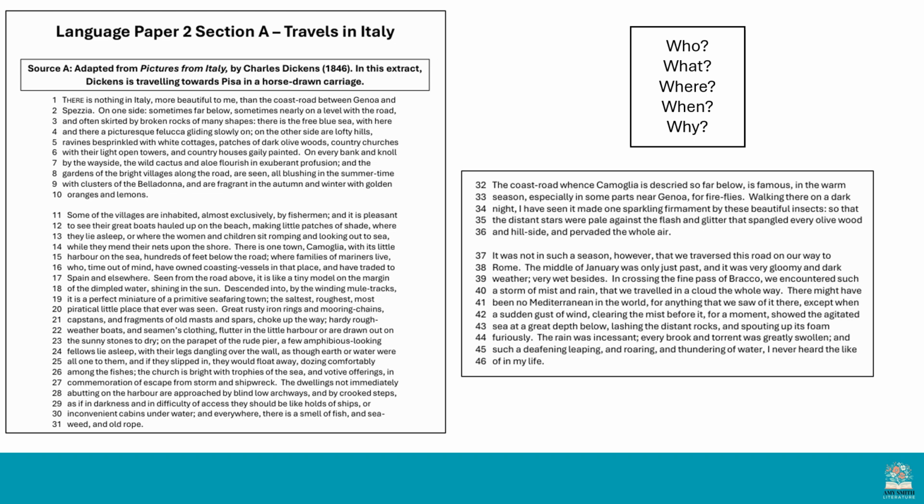On the other side are lofty hills, ravines besprinkled with white cottages, patches of dark olive woods, country churches with their light open towers, and country houses gaily painted. On every bank and knoll by the wayside, the wild cactus and aloe flourish in exuberant profusion, and the gardens of the bright villages along the road are seen, all blushing in the summer-time with clusters of the belladonna, and are fragrant in the autumn and winter with golden oranges and lemons.